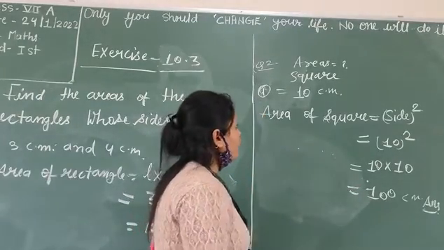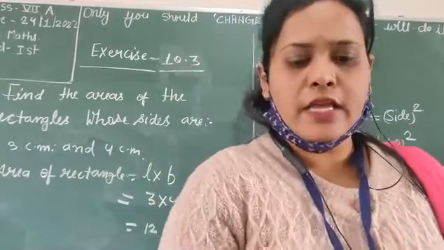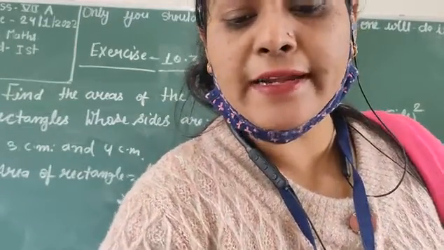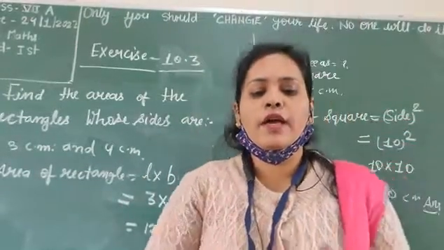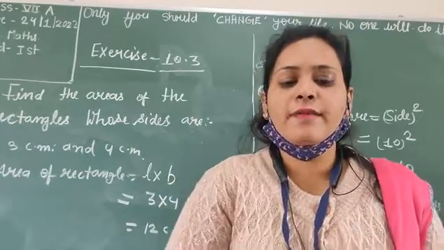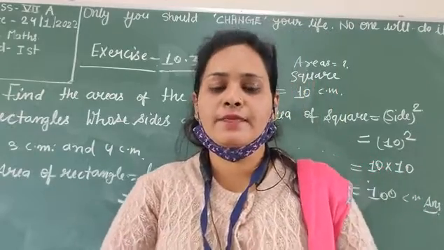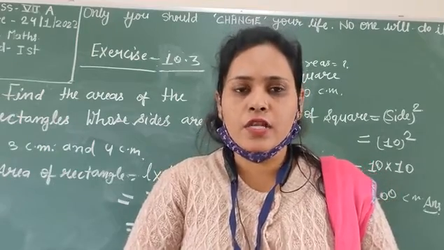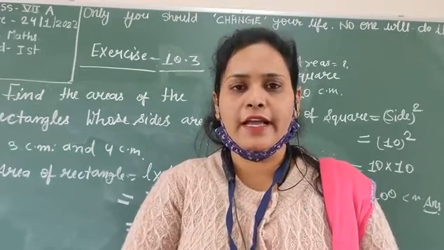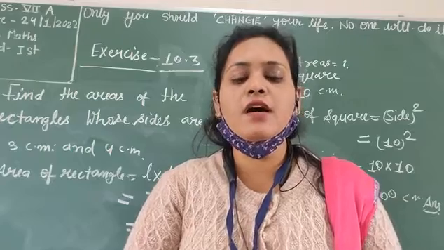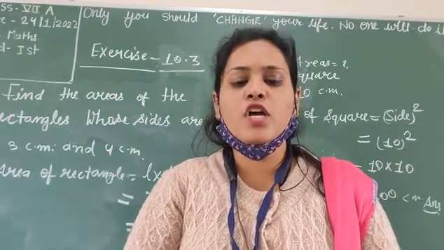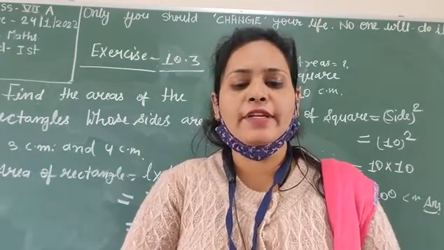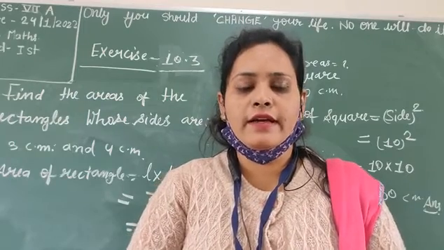Now third question: the length and breadth of 3 rectangles are given below. Here also length and breadth are given, which means again in this question we have to find the area. The question is 9 meter and 6 meter.